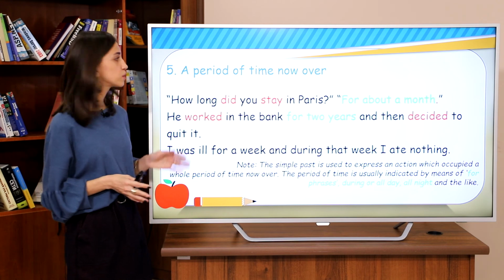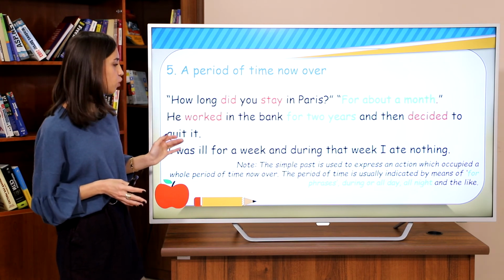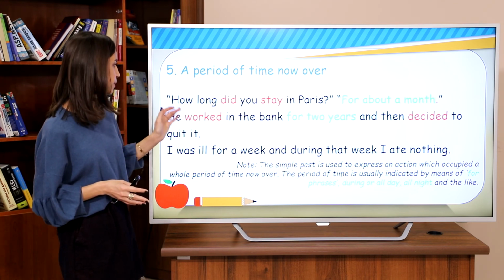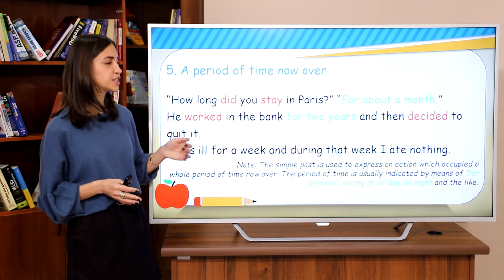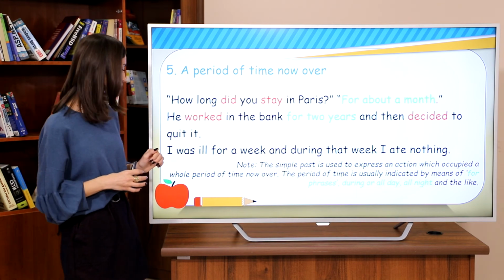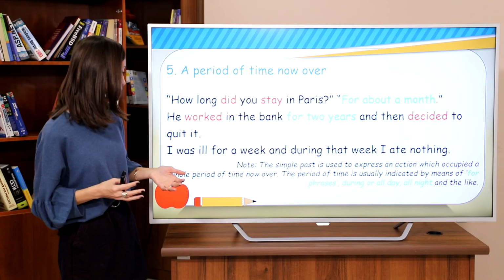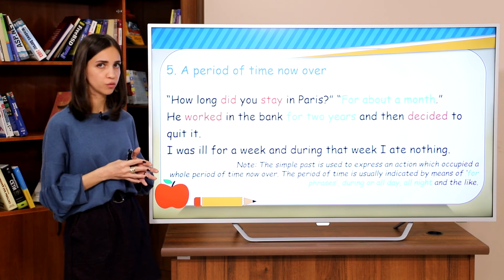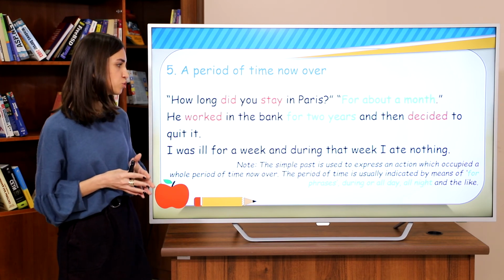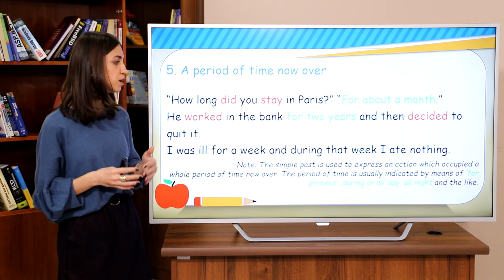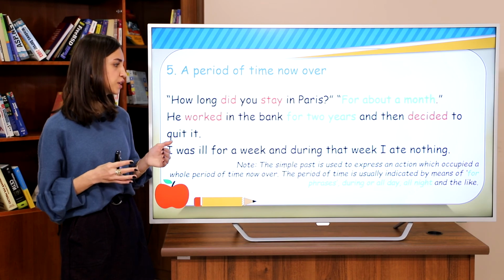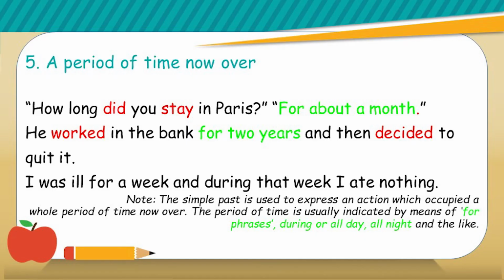So, simple past also shows a period of time now over. Let's look at the examples. How long did you stay in Paris? For about a month. So, here we can say that simple past is used to express an action which occupied a whole period of time now over. The period of time is usually indicated by measure of time phrases during or all day, all night and the like.